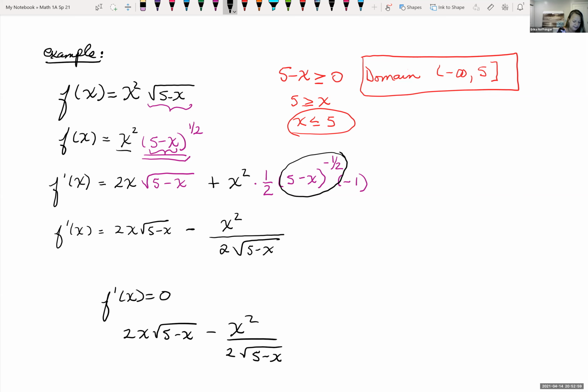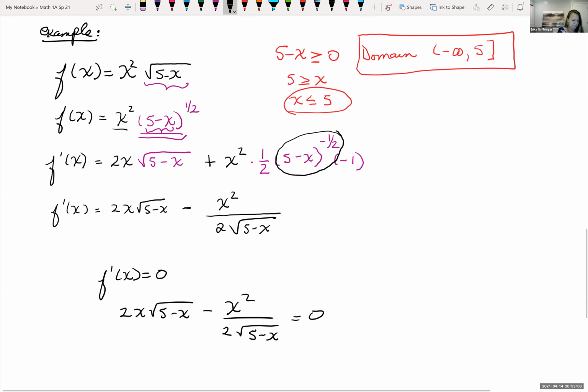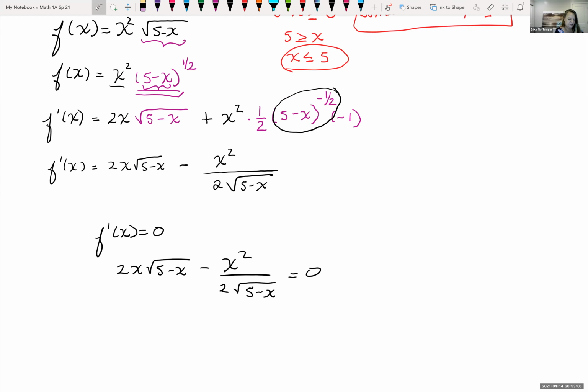We're looking at when is this equal to 0? I would probably clear my fraction. And I notice I can clear my fraction by multiplying both sides of my equation by my denominator. I only have one denominator. So 2 square root of 5 minus x.